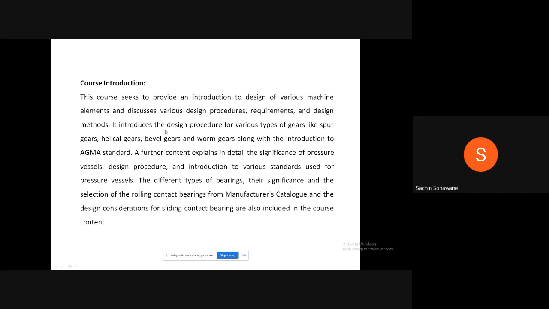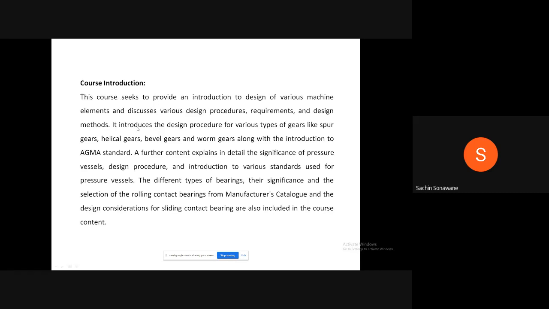Now we will see course introduction, that is introduction to machine design. This course seeks to provide an introduction to design of various machine elements and discusses various design procedures, requirements, and design methods.